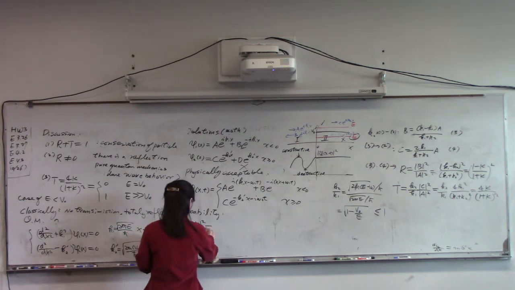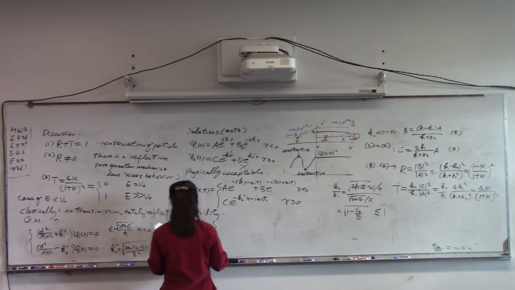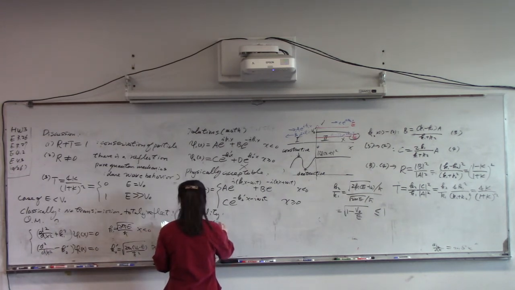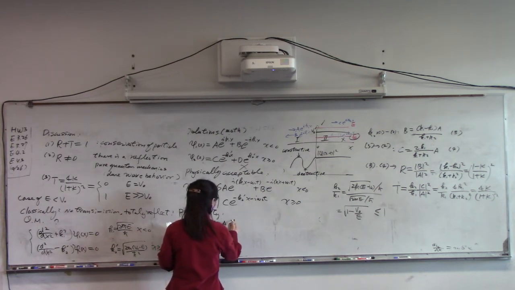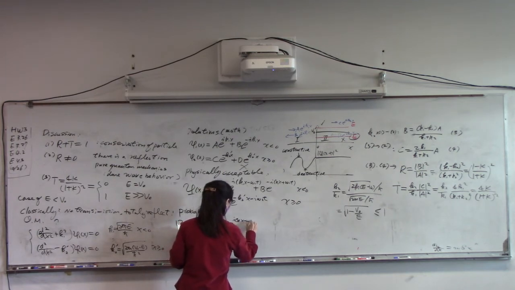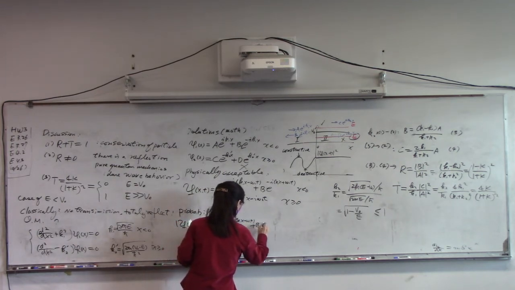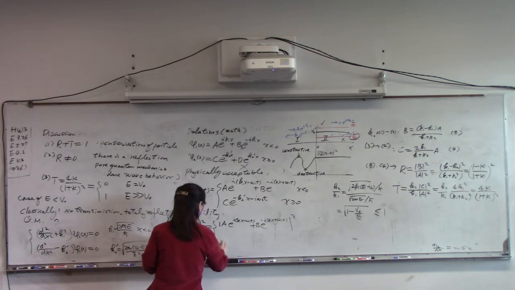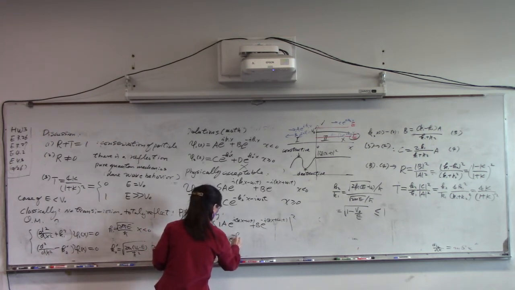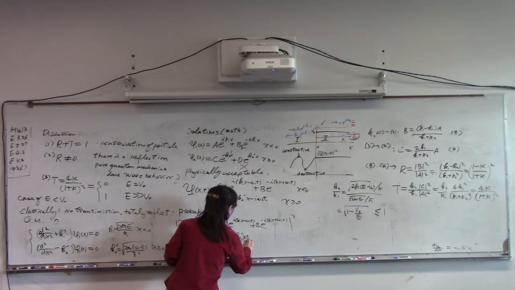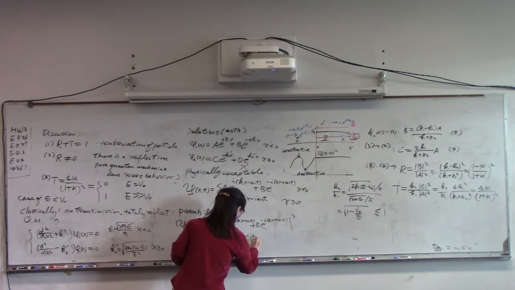And same thing here, I just write it again: a exponential i (k1 x minus omega 1 t) plus b exponential minus i (k1 x plus omega 1 t), and the other is c exponential minus k2 prime x times exponential minus i omega 2 t.